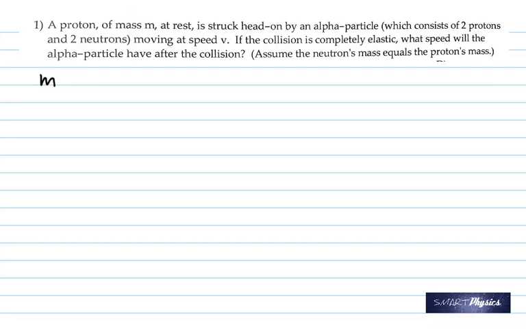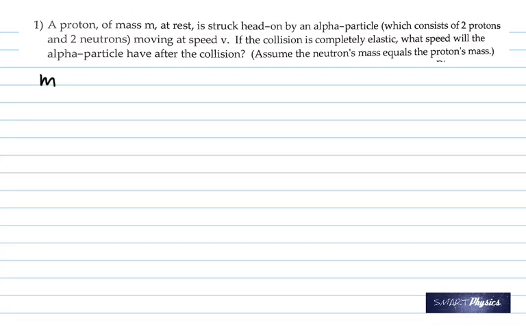It also says the neutron's mass is equal to the proton's mass. So when you go back to the alpha particle and look at it, since it has two protons and two neutrons, it's going to have 4 times the mass of a proton.